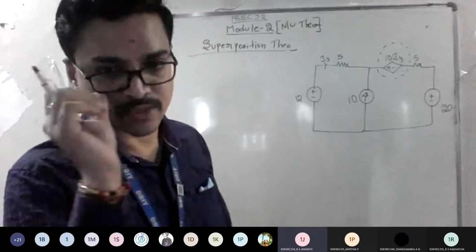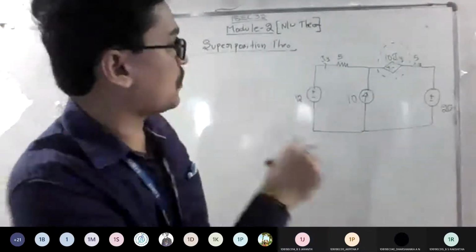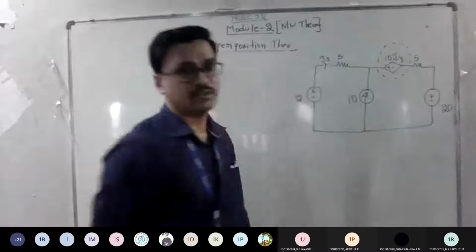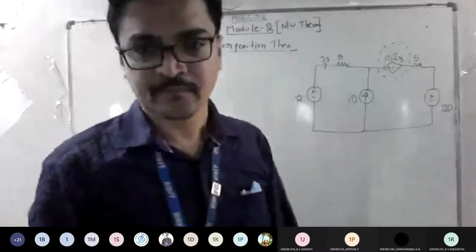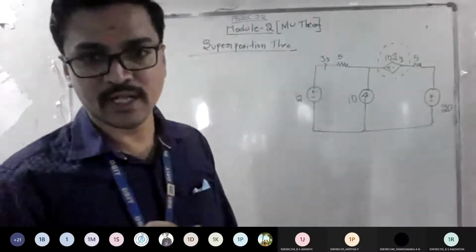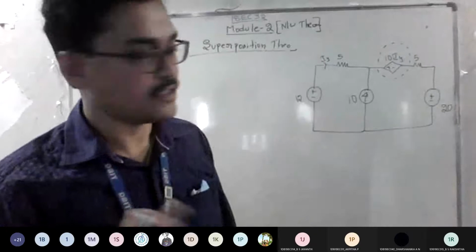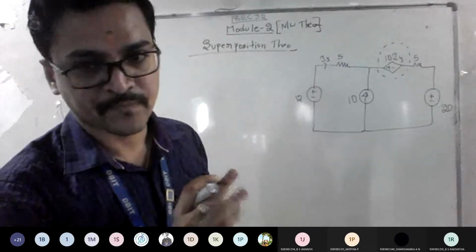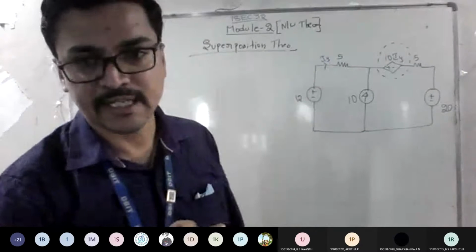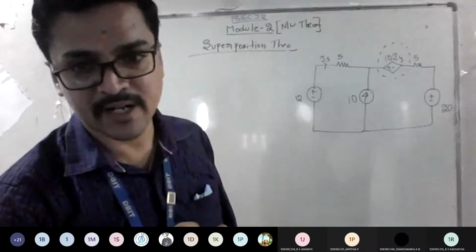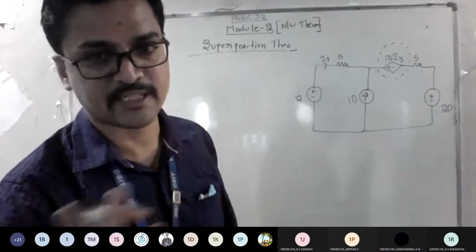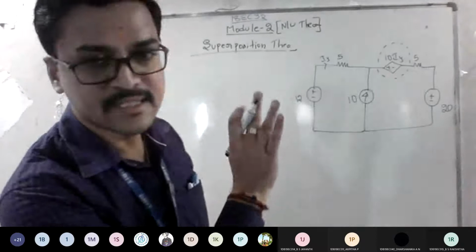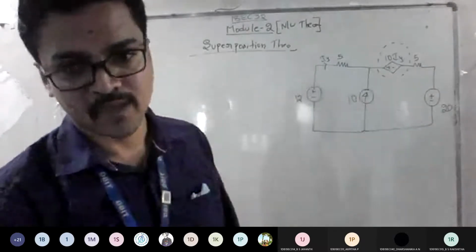Good. So across 5 ohm is what we should find. As we know, the superposition theorem is only applied for independent sources. By counting the circuit we have 4 sources, but the 10 IY is called a dependent source. So you're not supposed to touch that. Keep it as it is. The remaining you can solve.